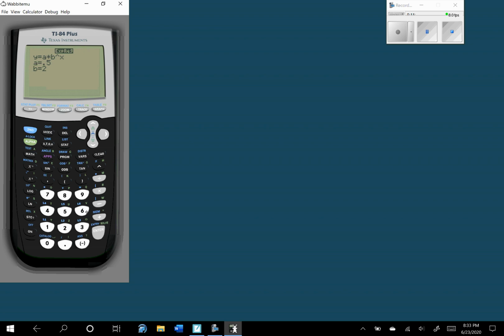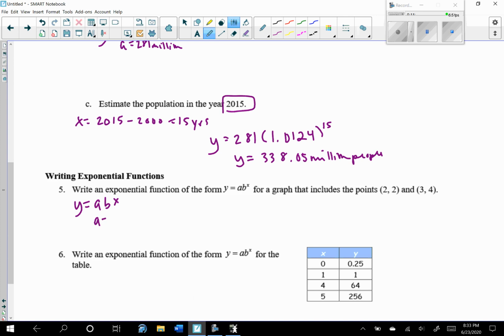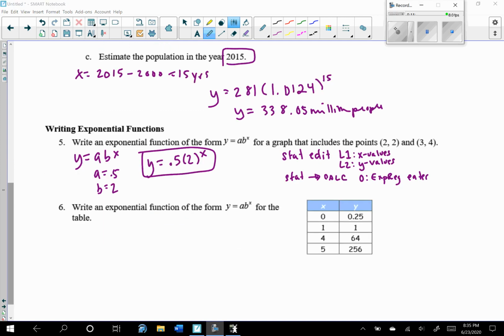And when I do that, I get my equation: A is 0.5 and B is 2. So that means we have y equals 0.5 times 2 to the power of x. So there are the steps. Why don't you go ahead and do number 6 on your own, pause the video. When you're done, you can unpause it to check your work.